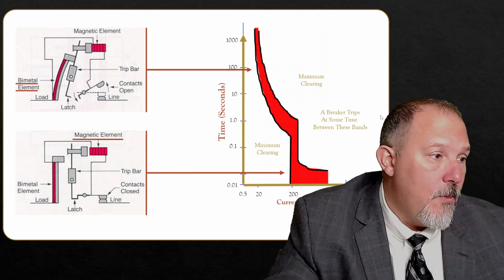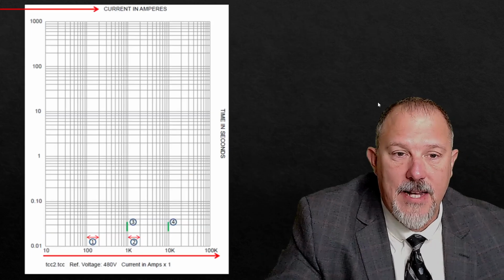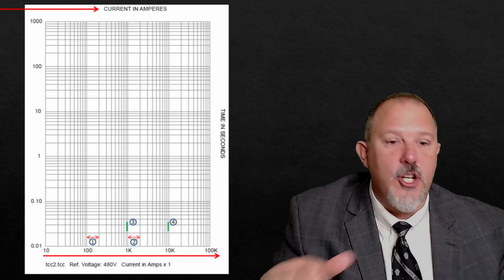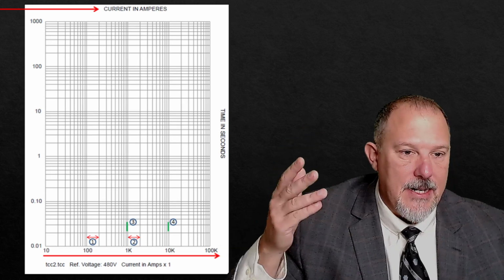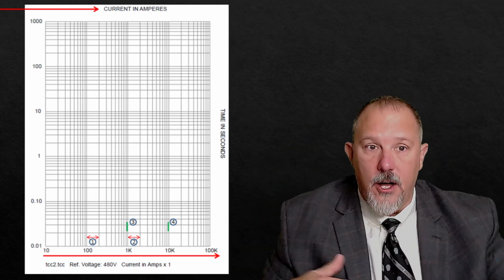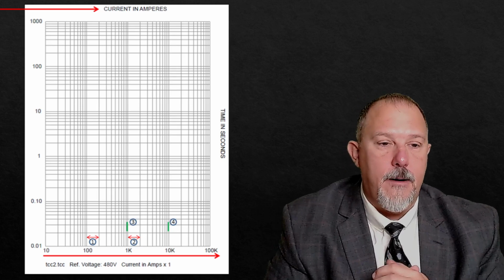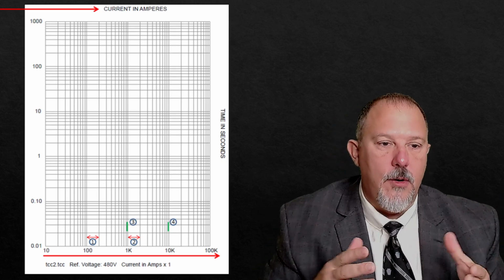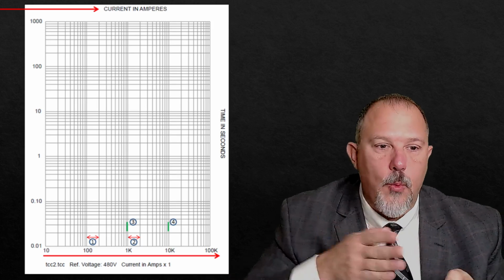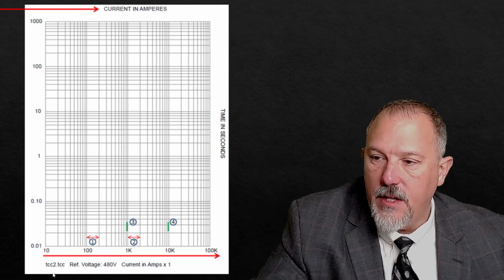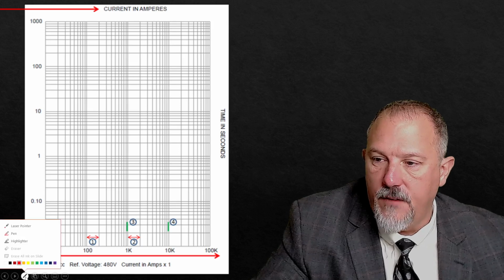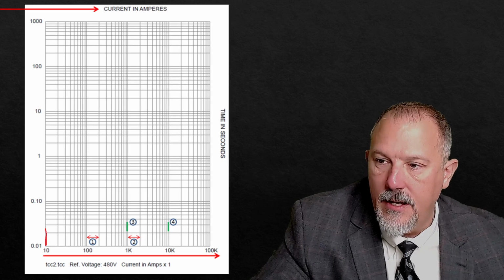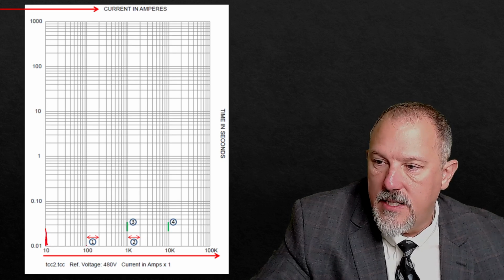Now, when you think about a time current characteristic curve, you've got to understand what we're talking about here. Across the bottom is current, and up the side is time. And you'll see it's a log to log, logarithmic to logarithmic type of paper. So the distances between each of these portions, for example, this is 10 amps and this is 100 amps.